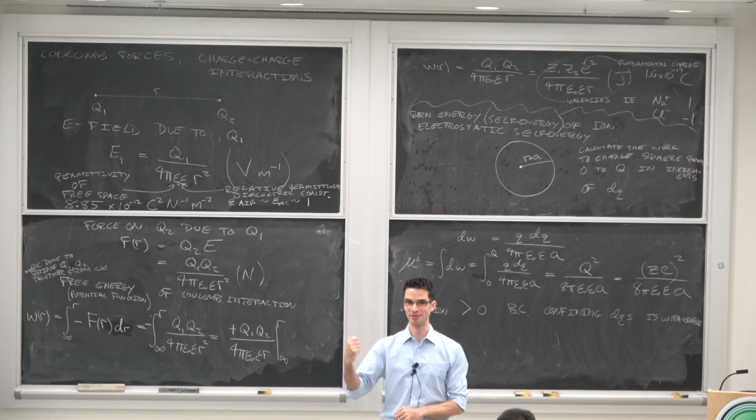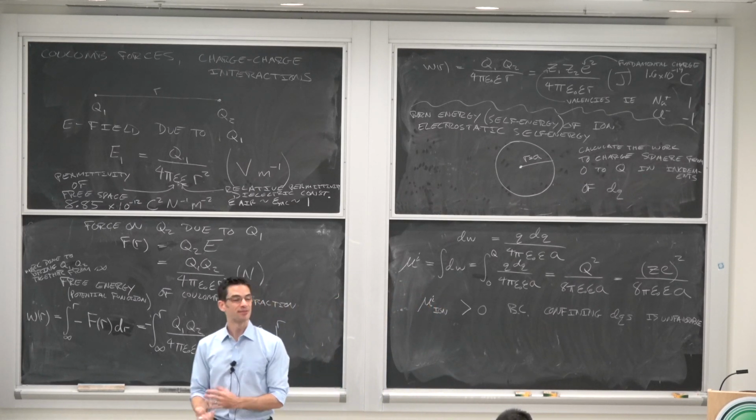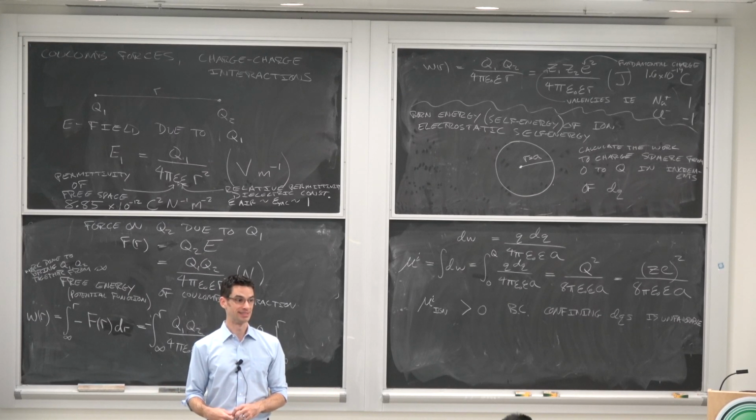Be confident. Even if you're wrong, it's okay. +1? Anyone disagree with +1 in a vacuum? Going once, going twice. 0. Someone said 0. If there's nothing there to ionize it, the most favorable state is going to be 0.